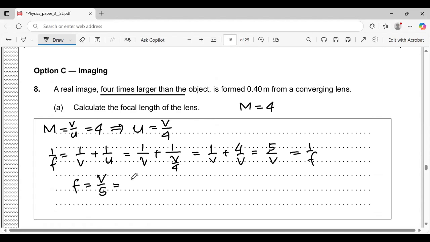V is 40, because 0.4 meters is 40 centimeters. So 40 over 5 equals 8.0 centimeters.